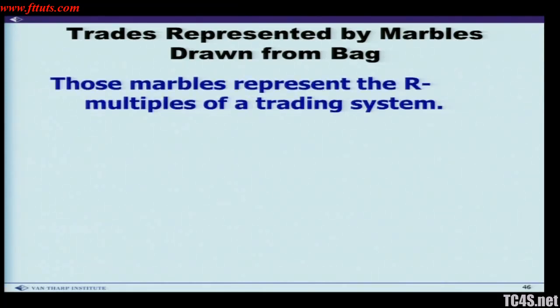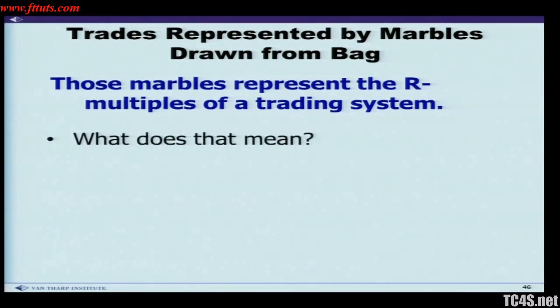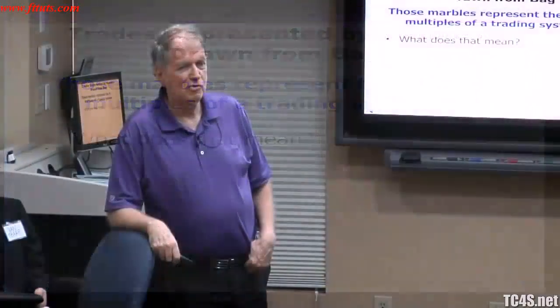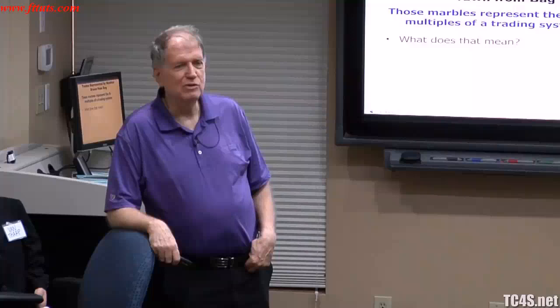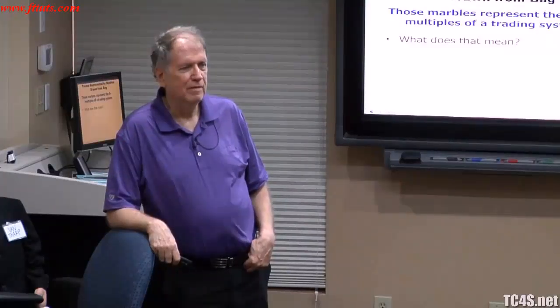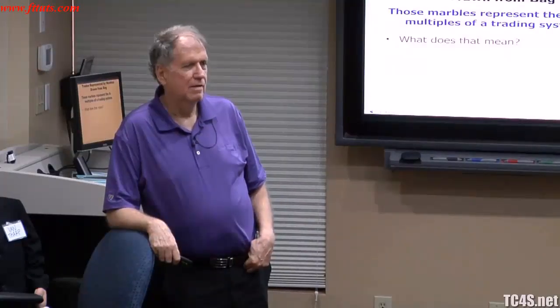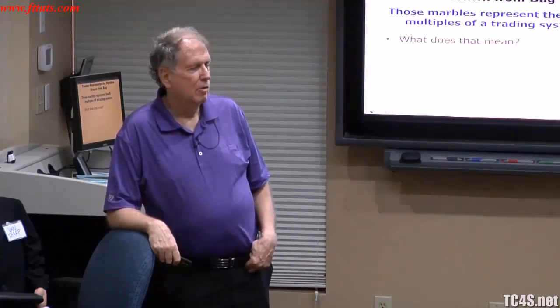So these marbles represent the R multiples of a trading system, as I just said. So what does that mean? Just see if you understand what it means. It means the probability of a winner or loss in any given pull.